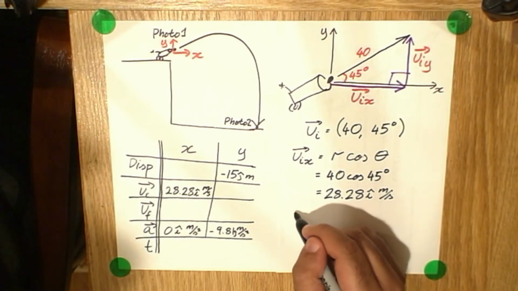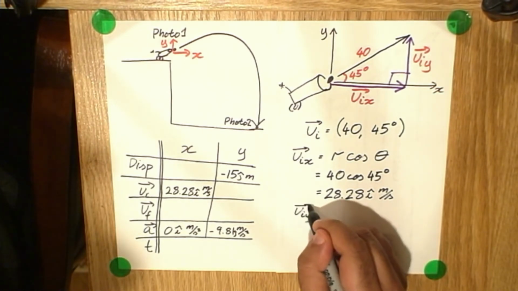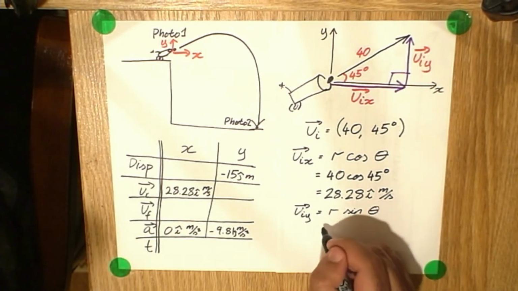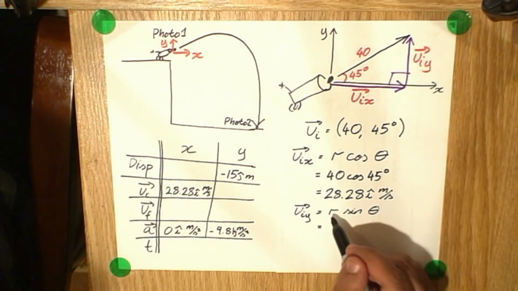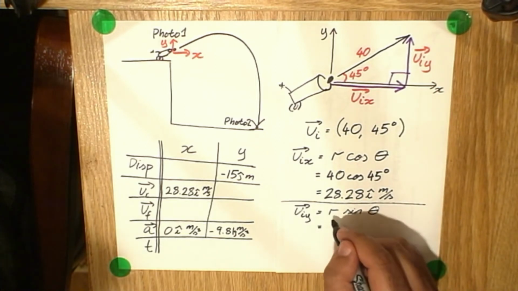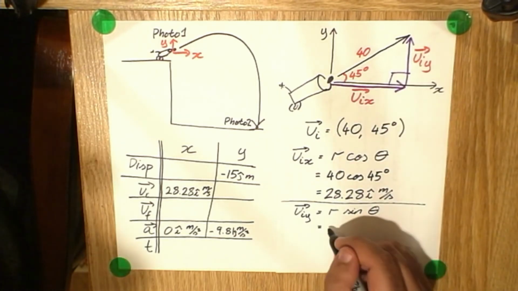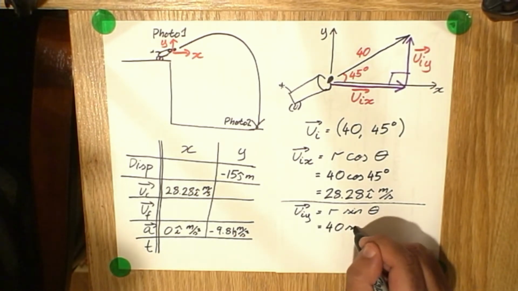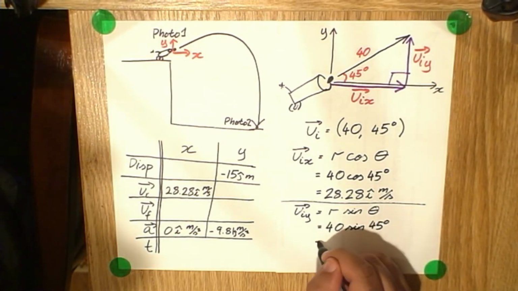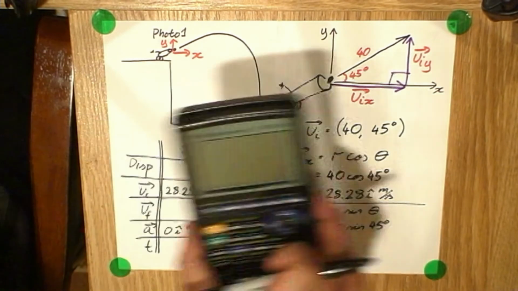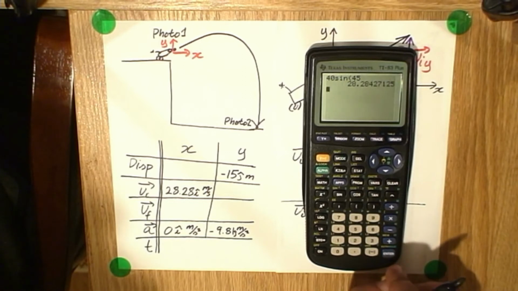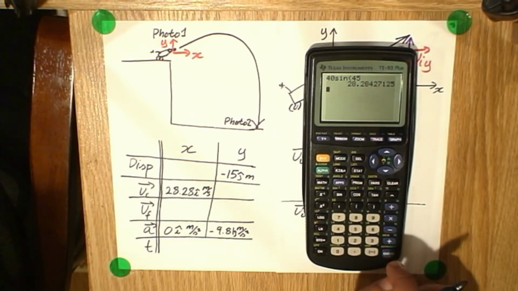What about the y direction? Here, the formula is r sine theta. So, r, again, a length of 40, times the sine of theta, which is 45 degrees. 40 sine 45 is the same thing, 28.28.